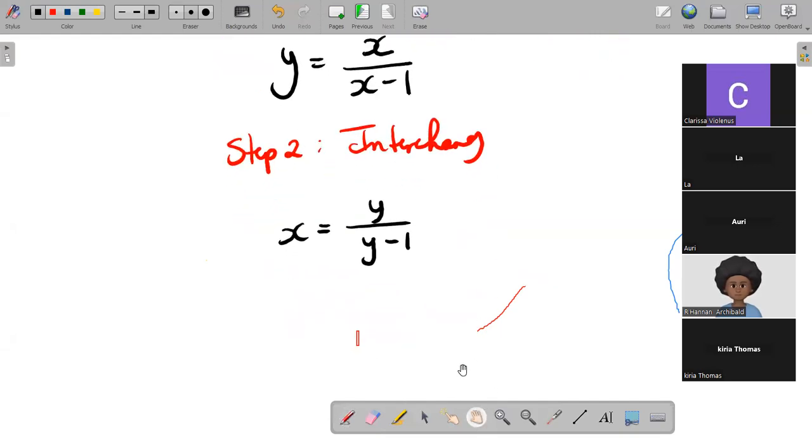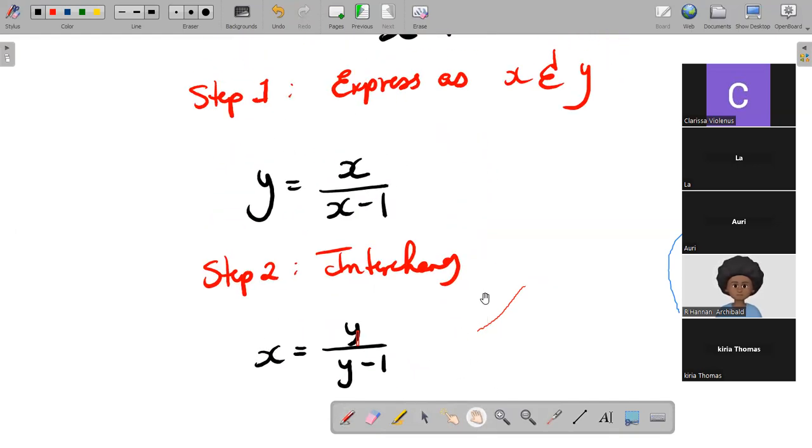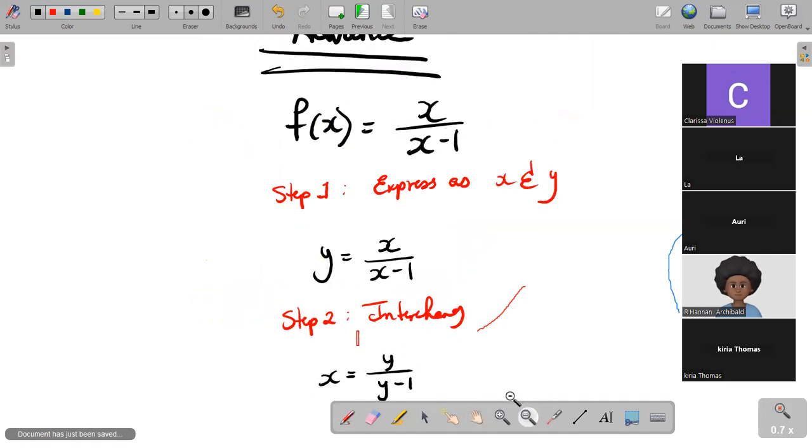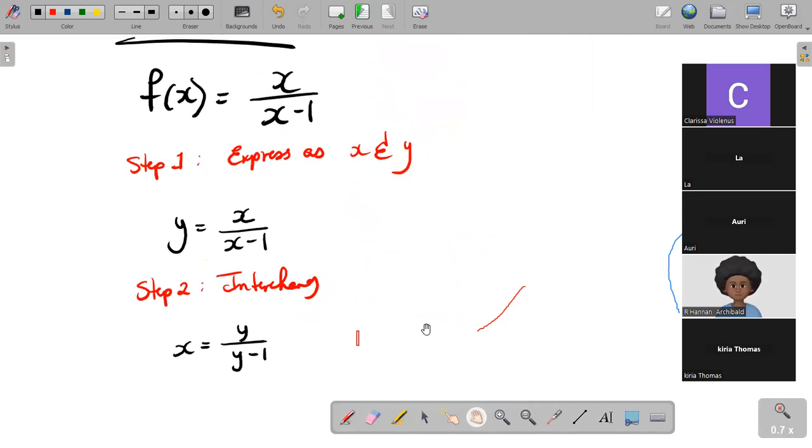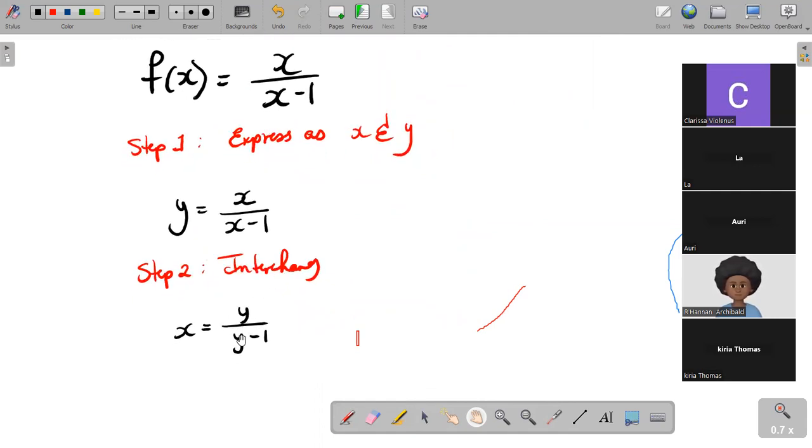Everybody see that so far? Everybody okay with everything? You realize it's the same thing, right? So I'm just checking in before I go any further. If you're good to go up until this point, tell me good to go before I continue. Because as you see, it's literally the same steps.